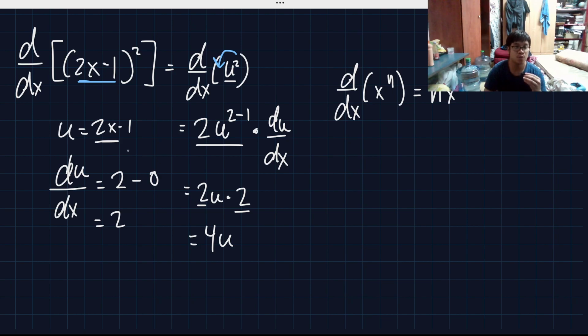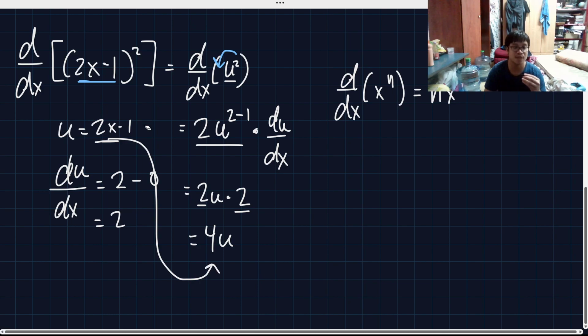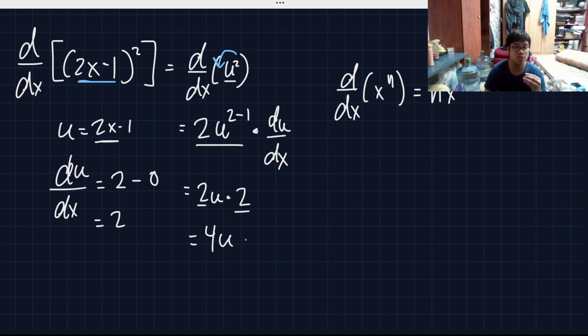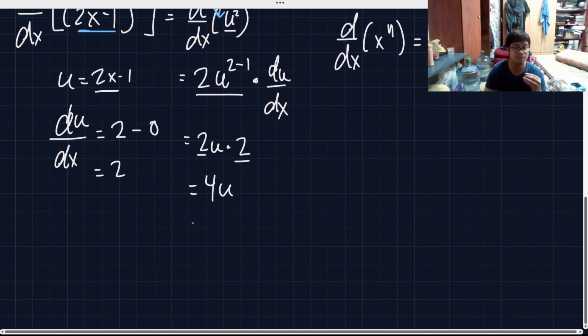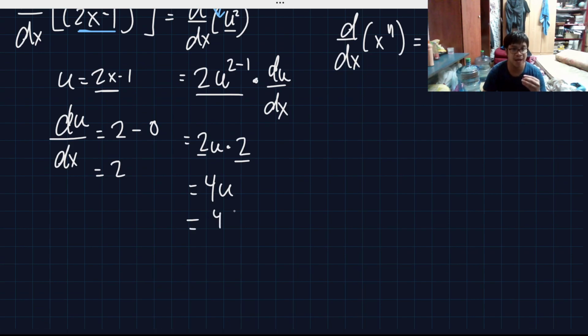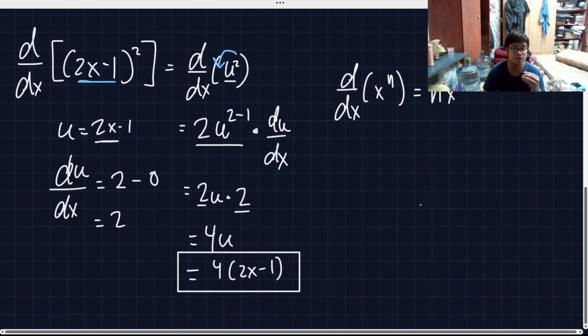Because we're going to bring back 2x minus 1. Basically, we're going to substitute u as 2x minus 1. Okay? Like, let's bring it back. All right? So, let's substitute back u as 2x minus 1. And that's it. That's basically how you get the derivative of a given composite function.